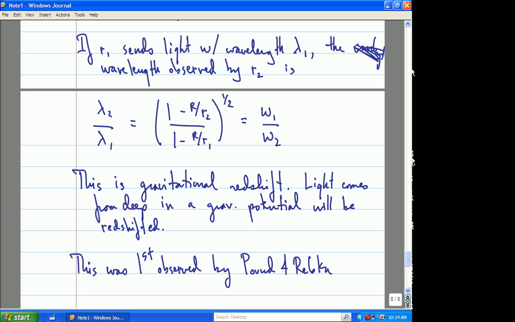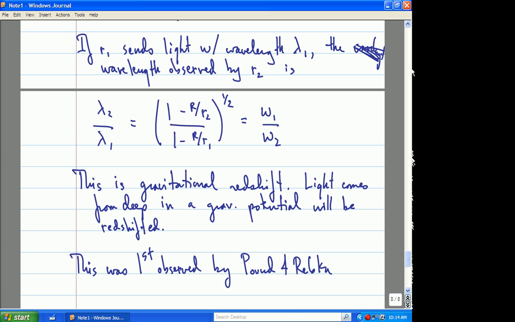Well, the Pound and Rebka experiment involved using what's known as the Mossbauer effect. You need to do very, very delicate spectroscopy, right? Because you need to measure the wavelength of emitted and received light very, very carefully.